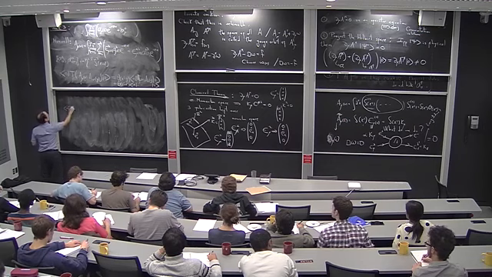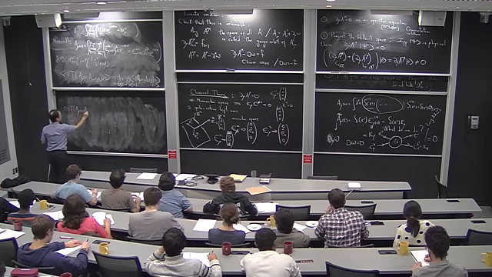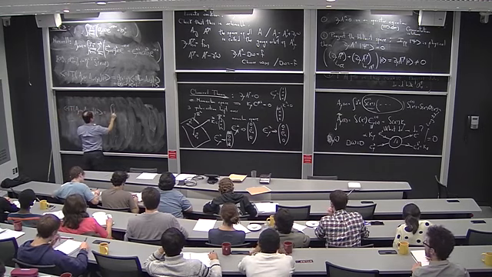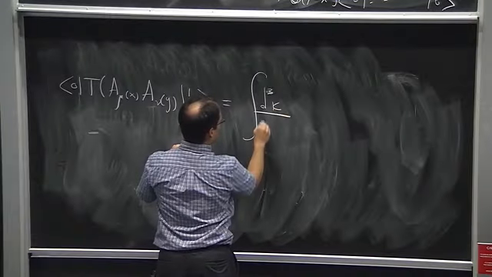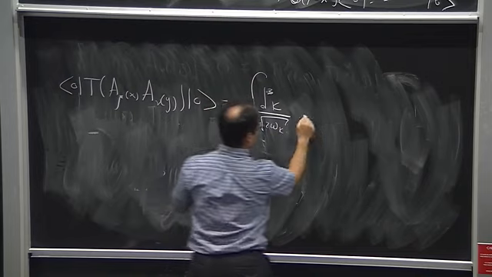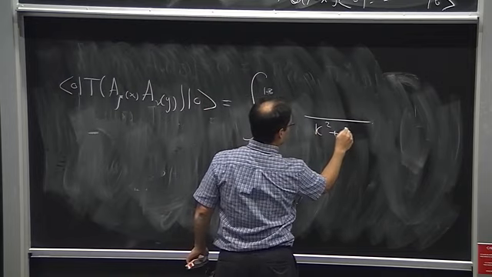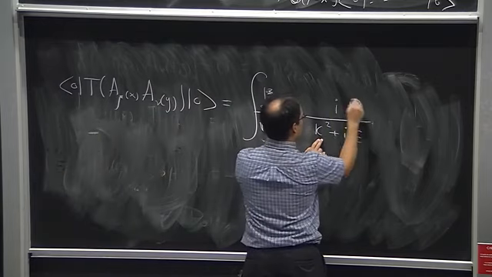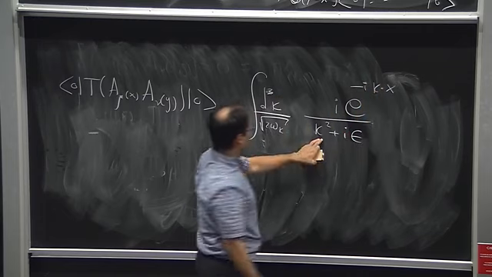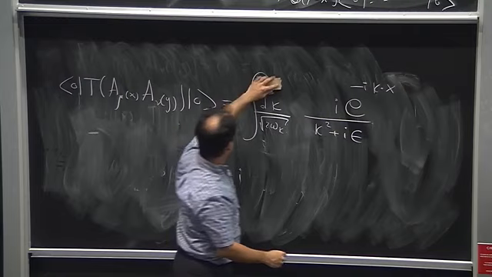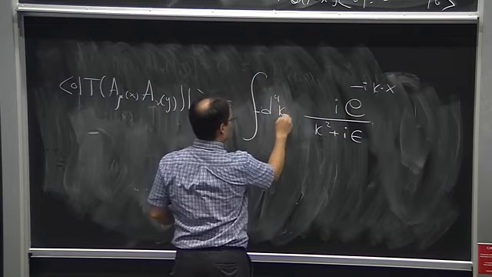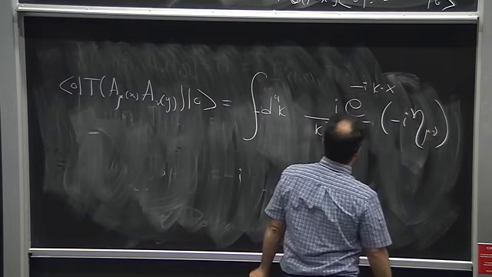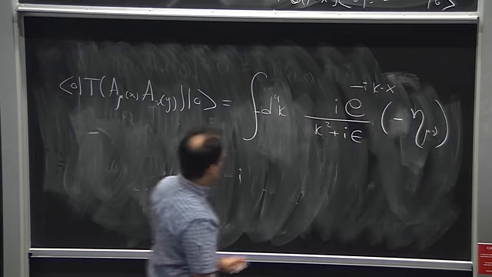So our Feynman propagator for the theory has no other choice but to be a copy of the propagator for the scalar field, d^4k, times, no minus i, it's just minus this.